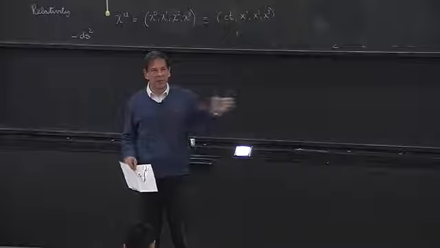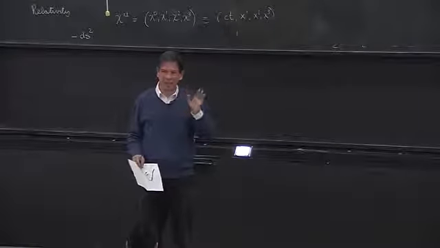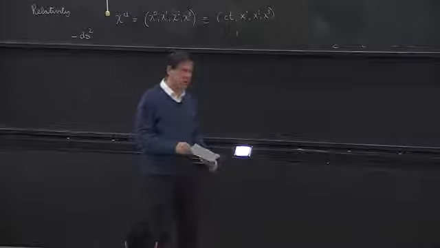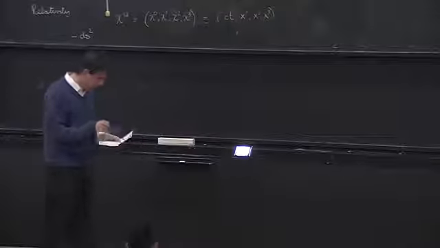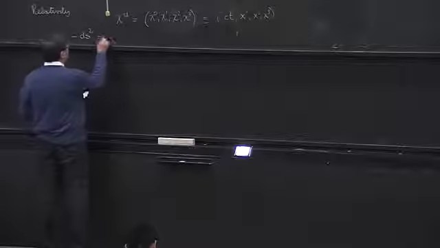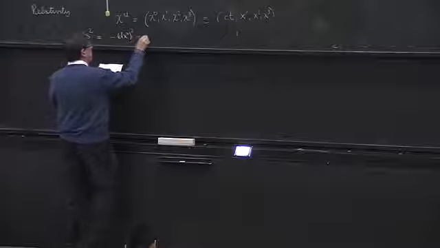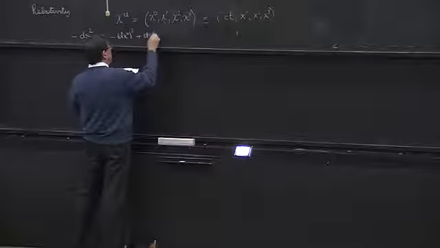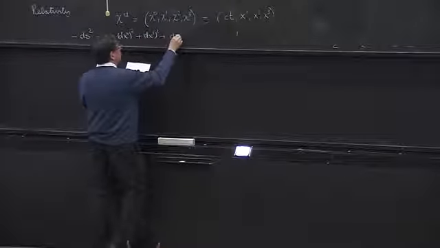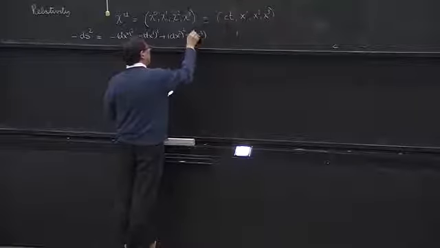In quantum field theory, half of the books use each of the conventions. But in string theory, I think every book is using this minus, plus, plus, plus. So I will continue with that. So there's this invariant interval that is minus dx0 squared plus dx1 squared plus dx2 squared plus dx3 squared.